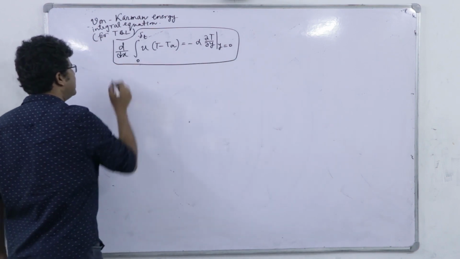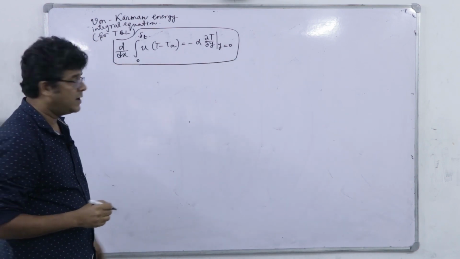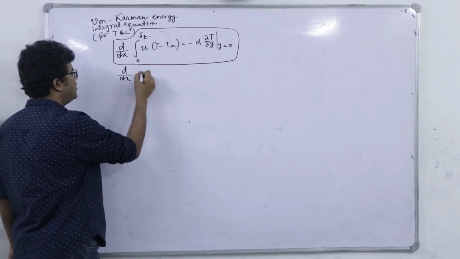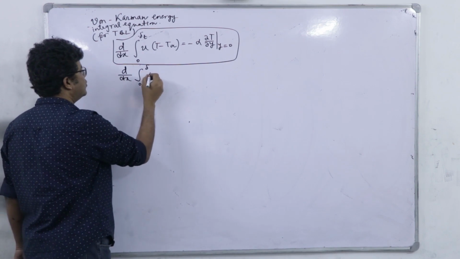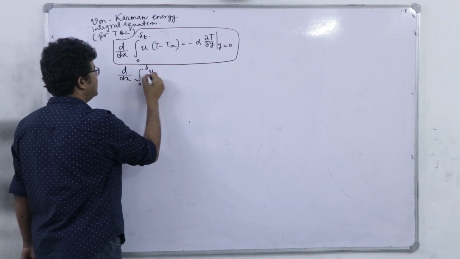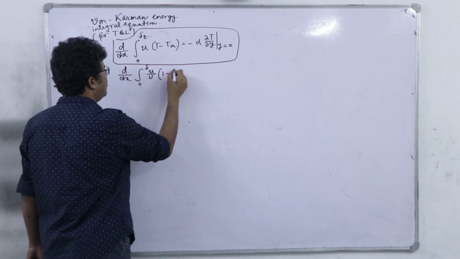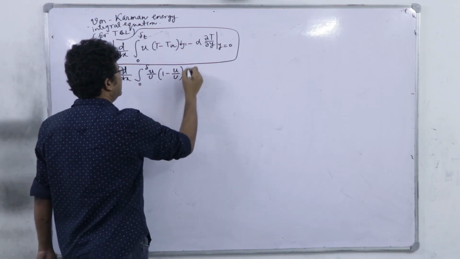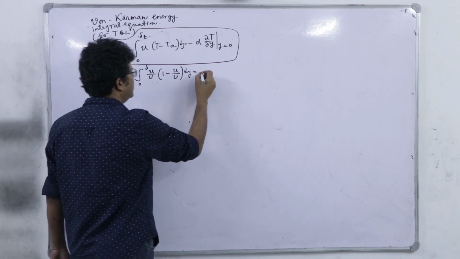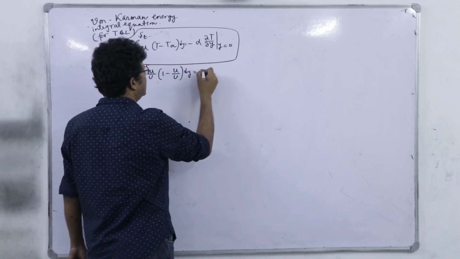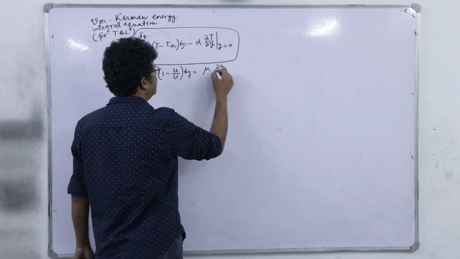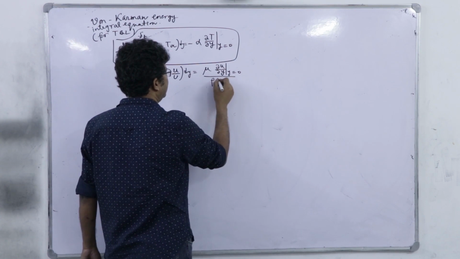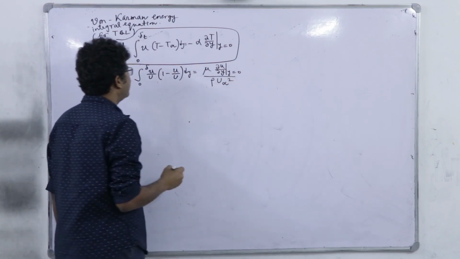Structurally you see it has got similarity with the momentum integral equation, which states the integral from 0 to delta of u by capital U, 1 minus small u by capital U, dy, is equal to tau w, which is mu into del u del y at y equal to 0, divided by rho into U infinity square.